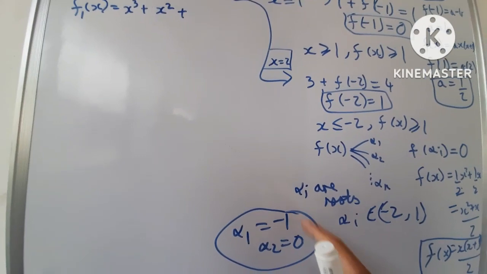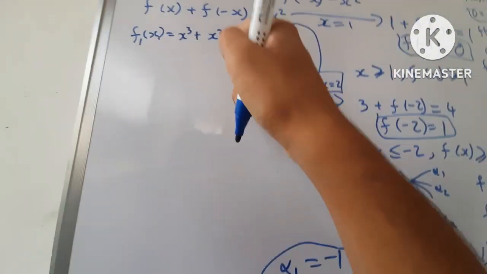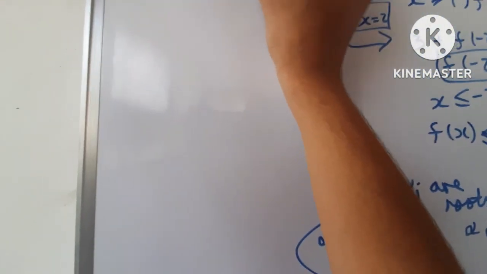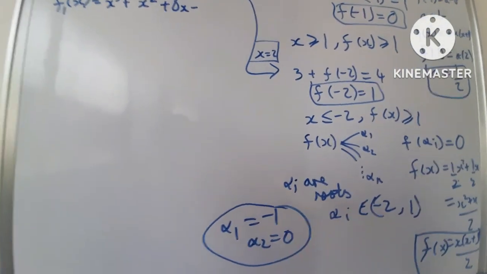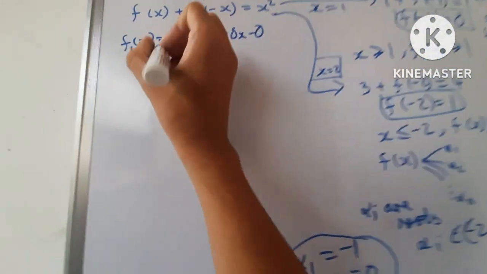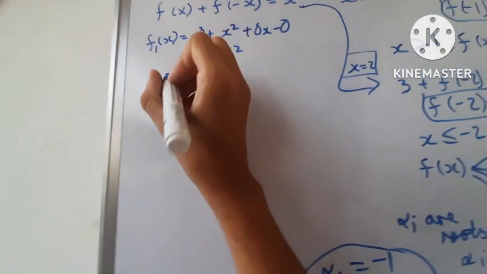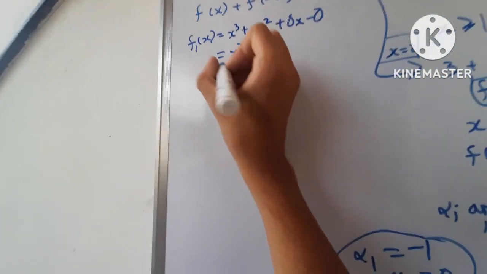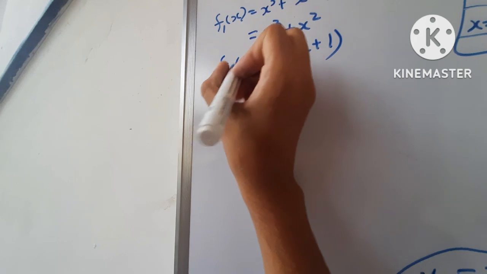Anyways, yeah, 0 times minus 1, 0 times 0, minus 1 times 0, that's just going to be 0. So that's 0x and minus some constant, right? And the constant is just the multiplication of this, that's minus 0. It's going to be x cubed plus x squared. Yep, literally. It's going to be x squared times x plus 1. That's f1 of x.